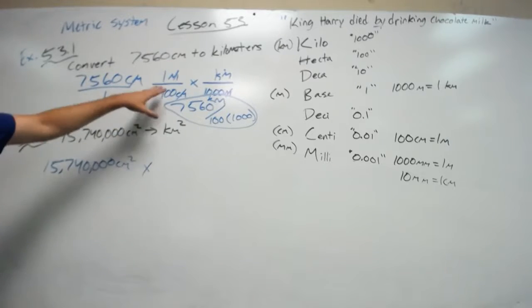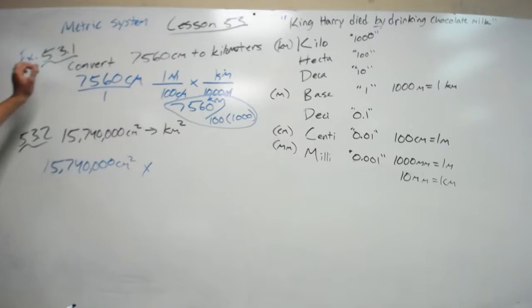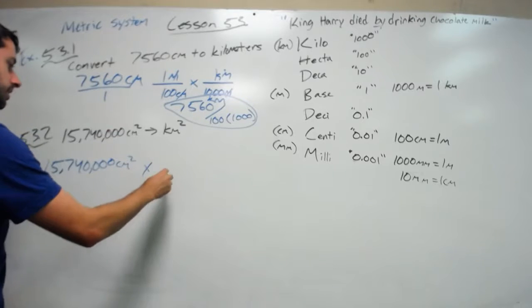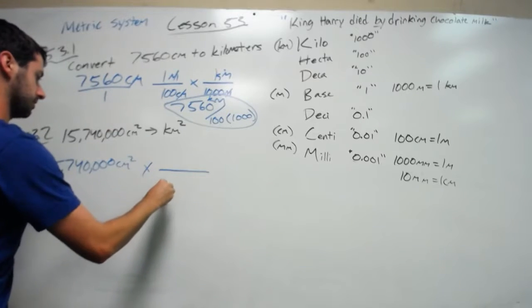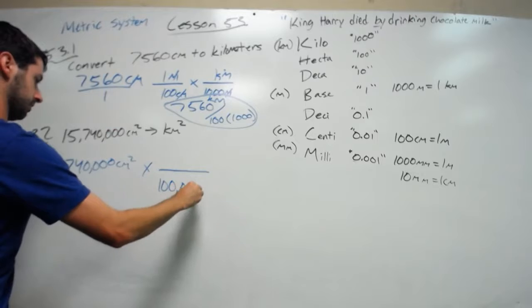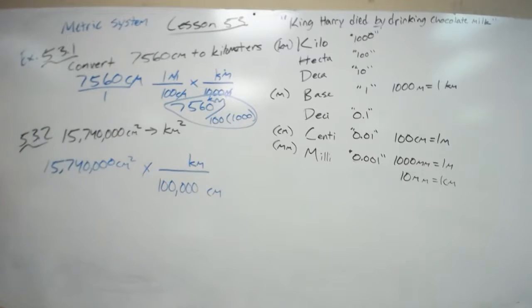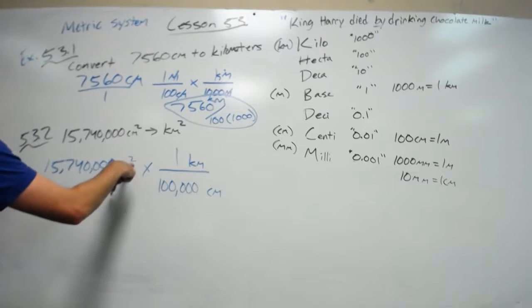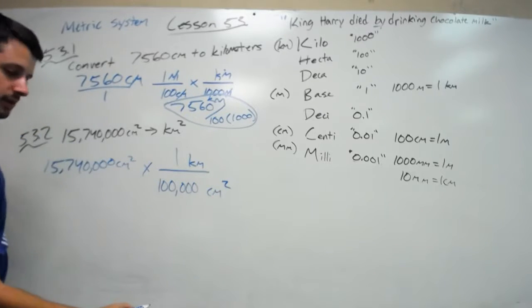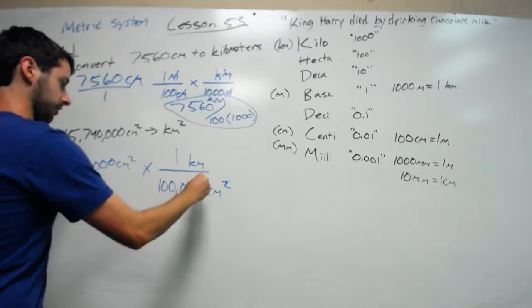So either one of these ways would work. But we just said there's 100,000 centimeters in a kilometer. Now remember, if this is squared, we have to square the centimeters. If we square the centimeters, we square everything else.